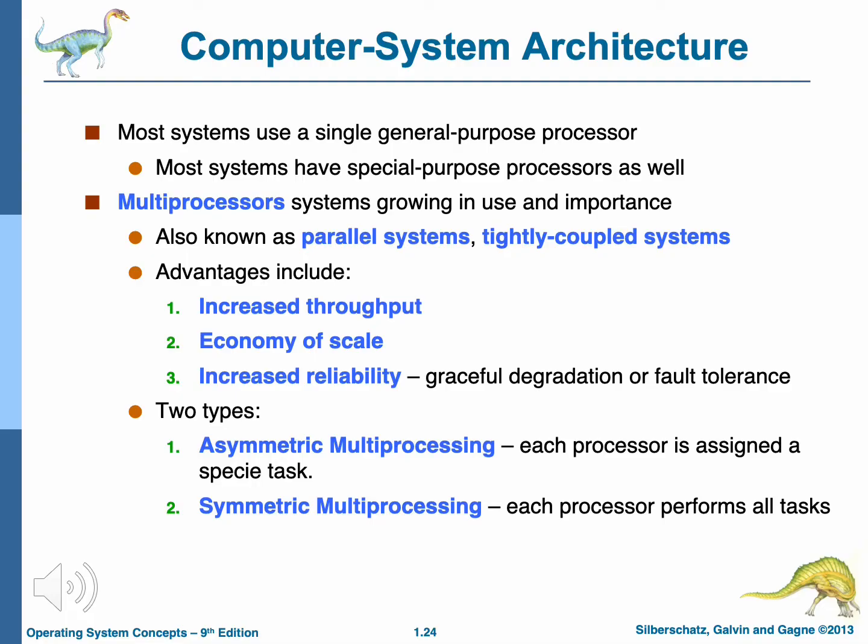If we have 10 processors and one fails, then each of the remaining 9 processors can pick up a share of the work of the failed processor. Thus, the entire system runs only 10% slower rather than failing altogether.